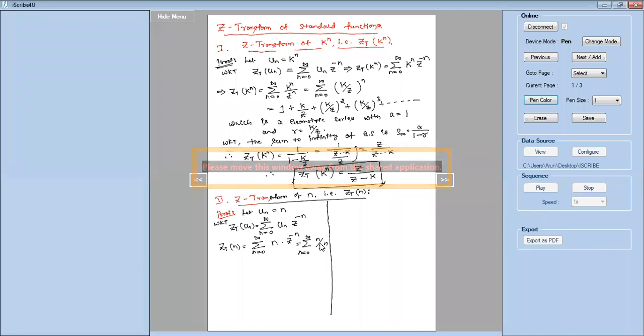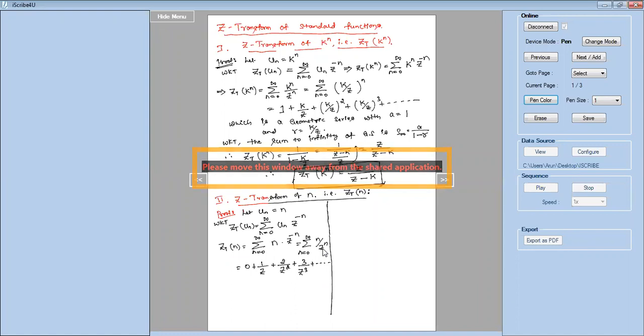So this is equal to 0 plus, when n is 1, it becomes 1 by z. Next, when n is 2, it is 2 by z square. When n is 3, it is 3 by z cube. Plus when n is 4, 4 by z power 4. Like that it will continue.